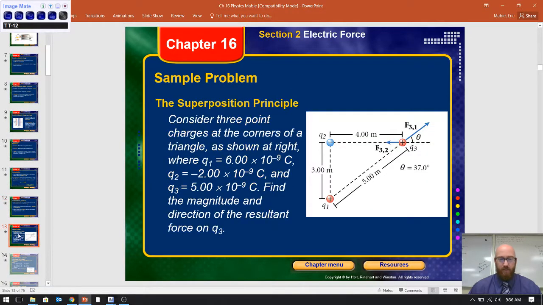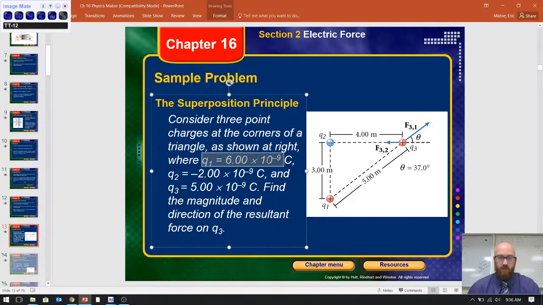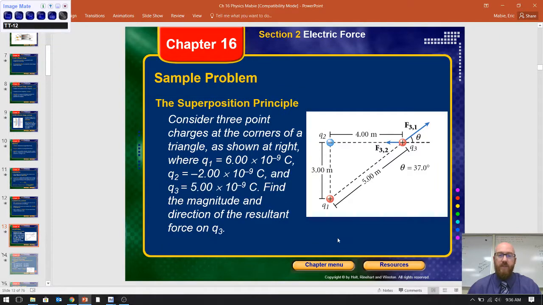So, example, this is what you have. Three charges. The first one, in the lower portion of your screen, is Q1. It's a positive charge; they give you the positive charge Q1 right there. Q2 is another charge, and Q3 is another charge. Notice Q1 and Q3 are positives.